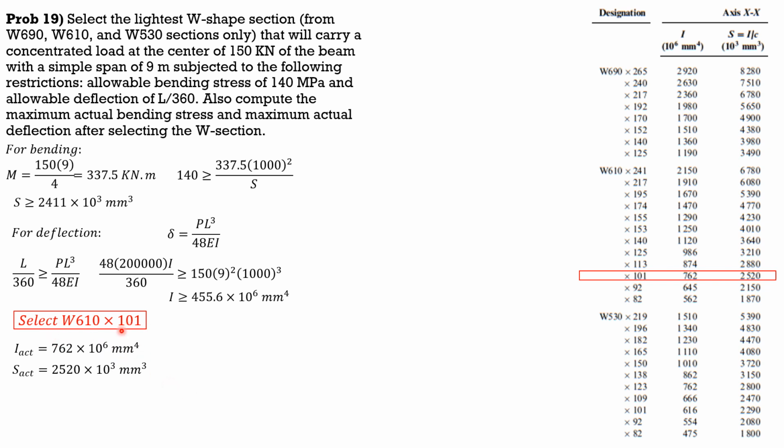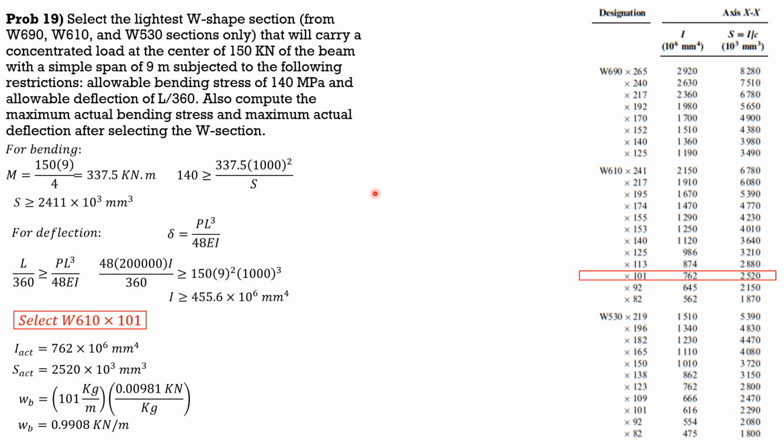Now, the weight of the beam is 101 kilograms per meter. That will add stress, with bending stress maximum at the center, and it will also add deflection. So let's convert 101 kilograms per meter to kilonewton per meter. 101 kilograms per meter times 0.00981 kilonewton per kilogram. So the uniform weight of the beam is 0.9908 kilonewton per meter.